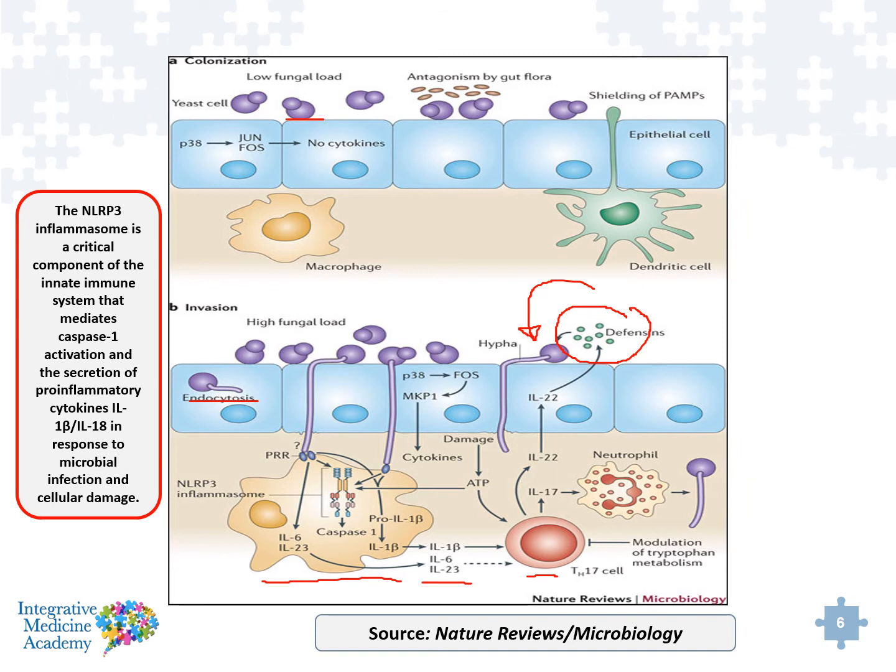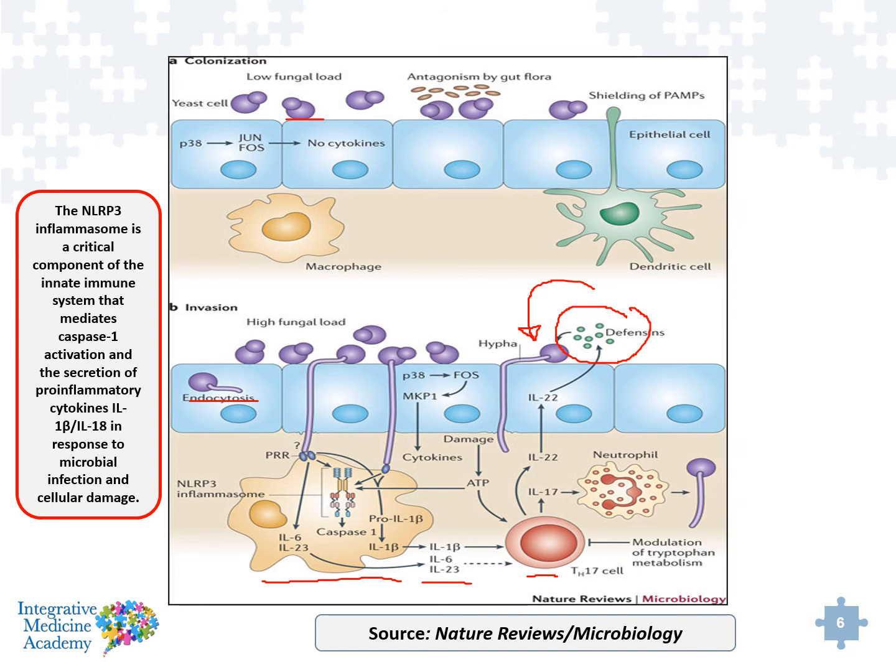There's something called an inflammasome. Inflammasomes are critical for the innate immune system in triggering a series of reactions that trigger pro-inflammatory cytokines. And these are there to help attack a microbe like Candida.